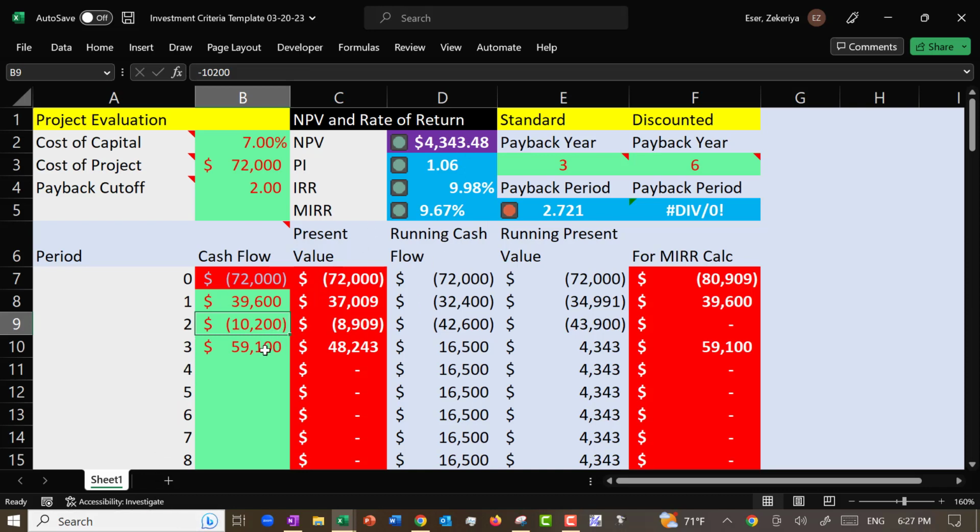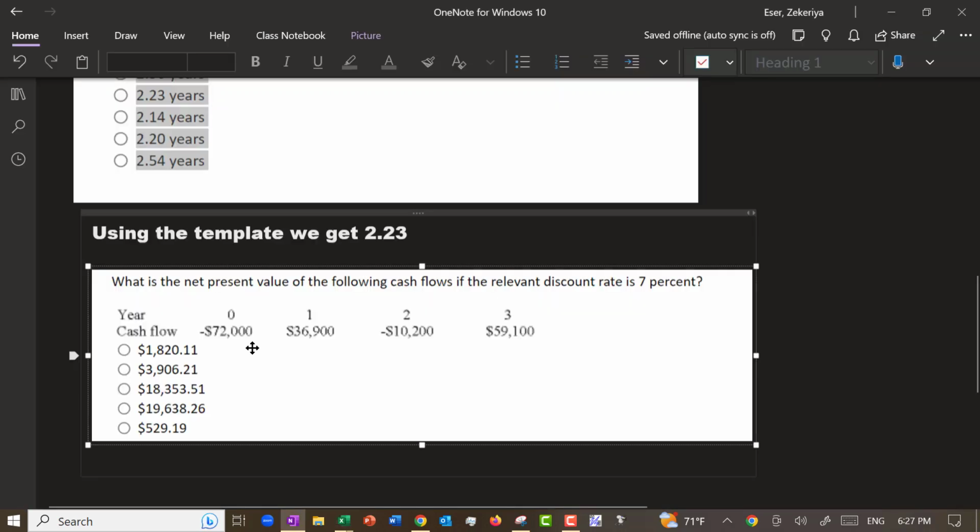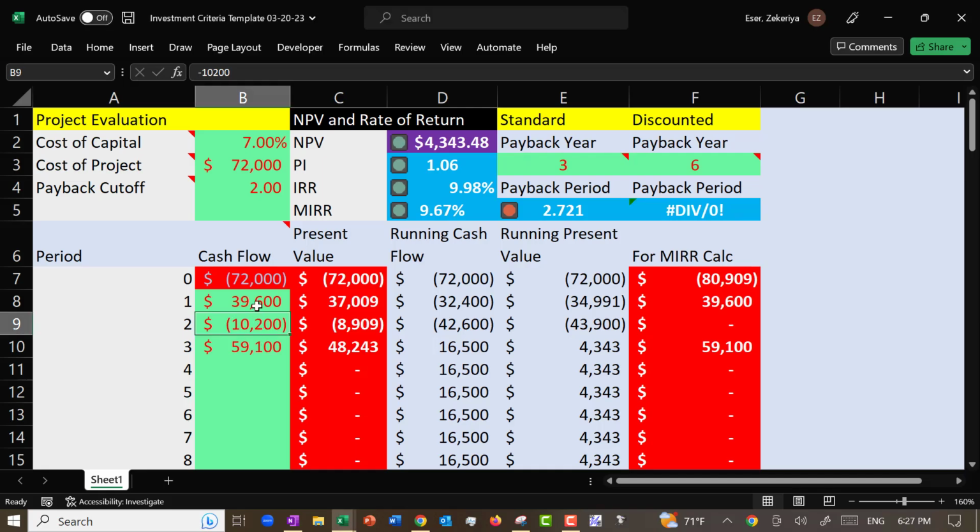Negative 72. Okay. 36.9. Oh, you know, there's an adage in computer programming: garbage in, garbage out. If your inputs are garbage, your output will be garbage as well. I flipped the 6 and 9, so 18,20,11. Okay.